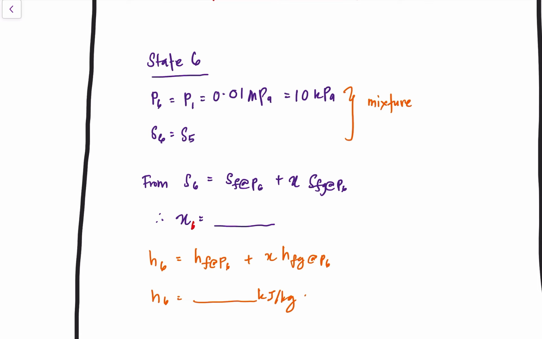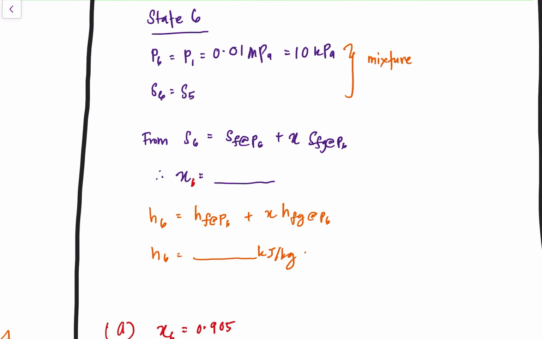So when you do the characterization later, you are going to find out that at state 6, it's in the mixture phase, saturated liquid and saturated vapor mixture phase. So for this, since you have the entropy, now you can determine the quality at state 6, and after that, based on the quality, then you can further determine the enthalpy at state 6.